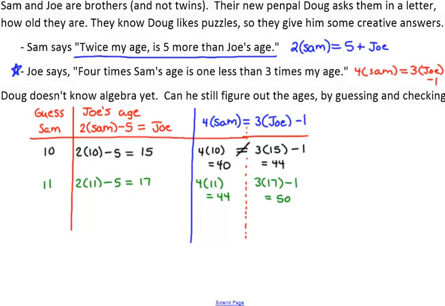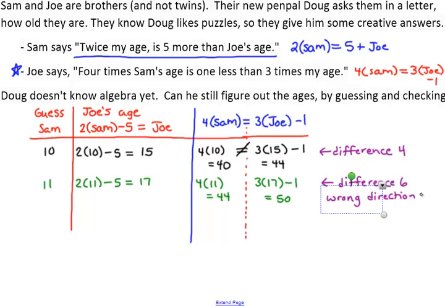Look at this part: here we have a difference of 4, and here we have a difference of 6. Since the difference is getting bigger, we're going in the wrong direction from our initial guess. So instead of going up, I'm going to go down.